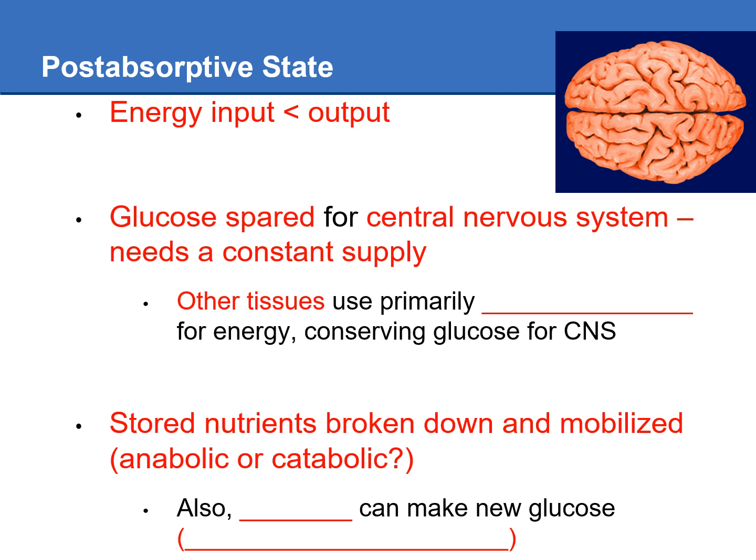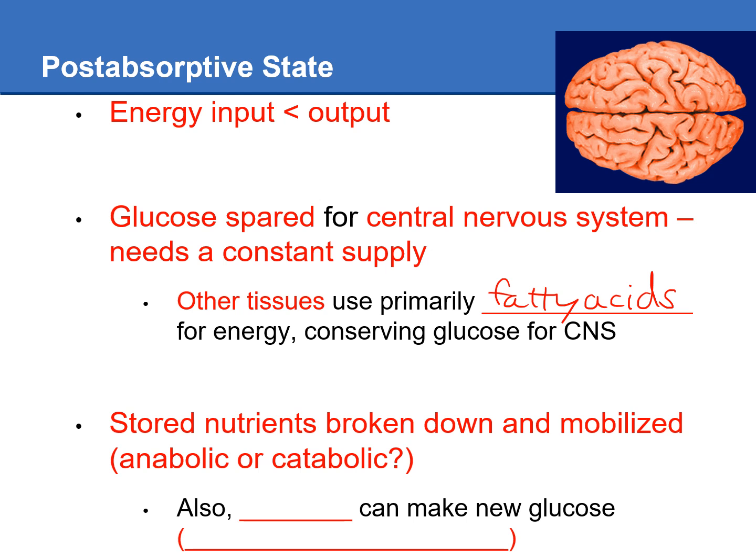So all the other tissues in the body are going to switch, and they're going to start using fatty acids to make ATP instead. So during the post-absorptive state, we're going to spare glucose for the brain, and other tissues are going to switch and use fatty acids to make ATP with.